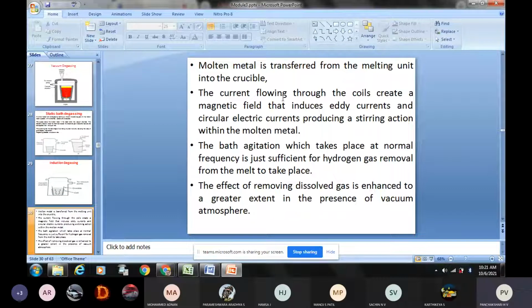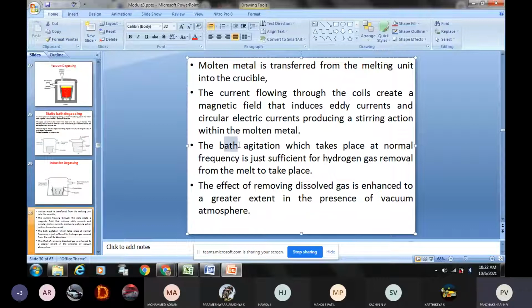The current flowing through the coils creates a magnetic field that induces eddy currents and circular electric currents, producing a stirring action. That's what I told. Circulating stirring action, rotation, takes place within the liquid metal. The bath agitation means rotation, movement, etc. The bath means liquid metal.